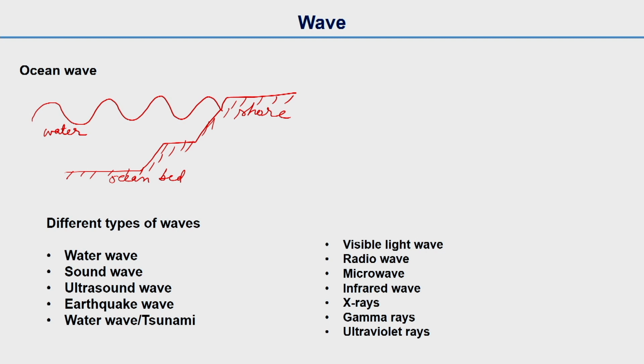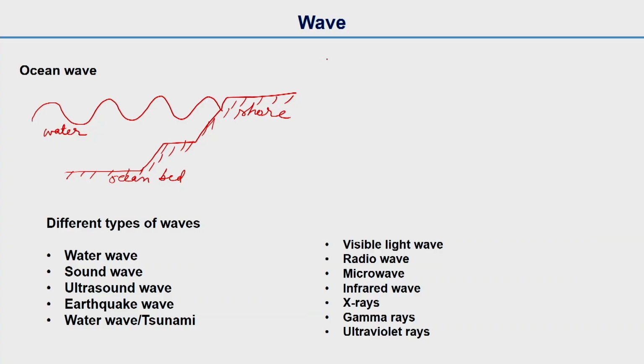But there are different types of waves. We know light is also a wave, and sound is also a wave. We will talk about those waves. Waves basically transfer energy but not matter.